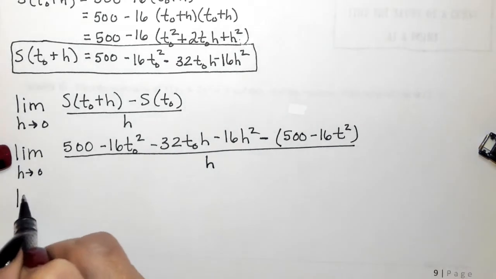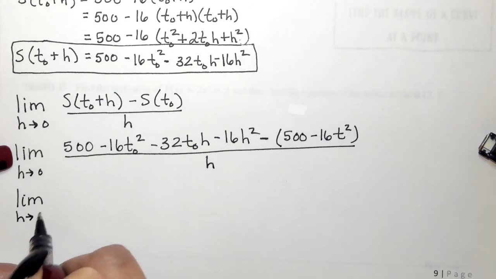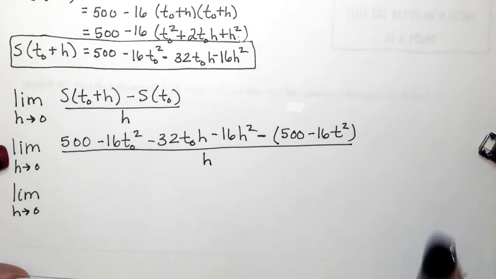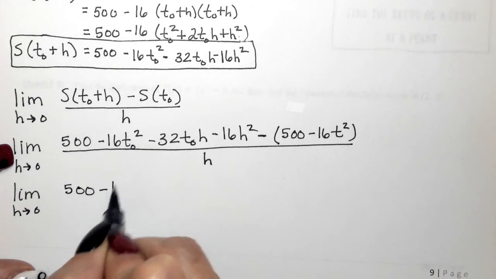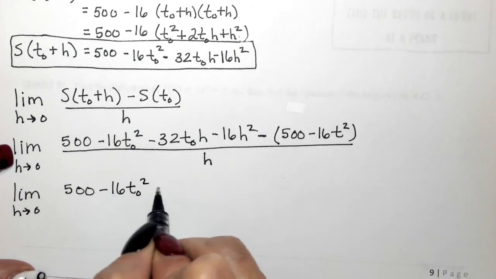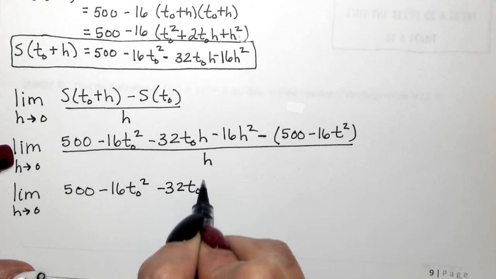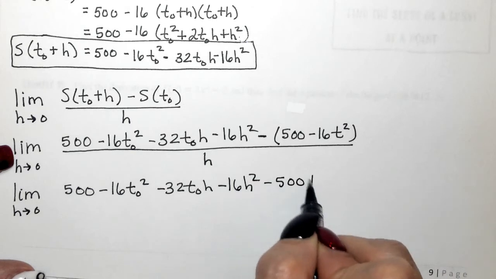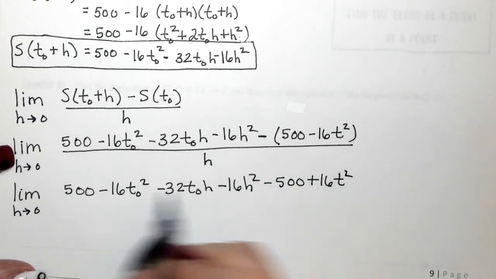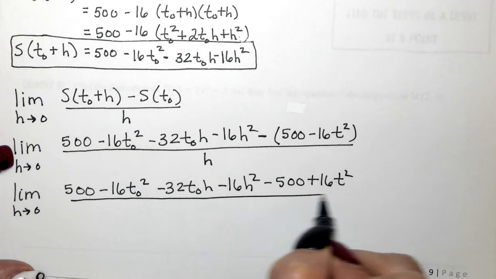Okay. Keep going. I'm going to go ahead and write it one more time. Minus 500 plus 16t squared all over h.